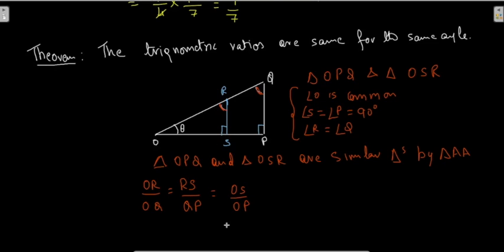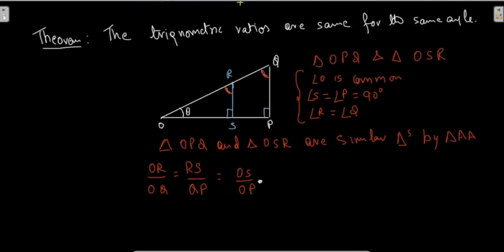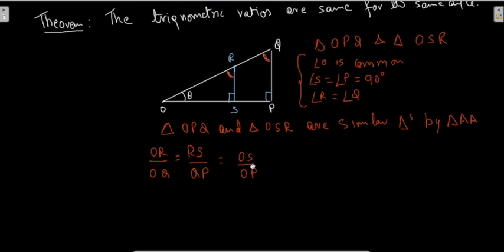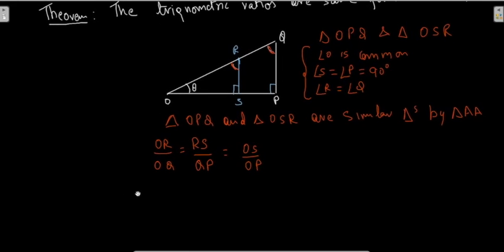Now, say what is sine of theta? Sine of theta in this triangle is perpendicular over hypotenuse.